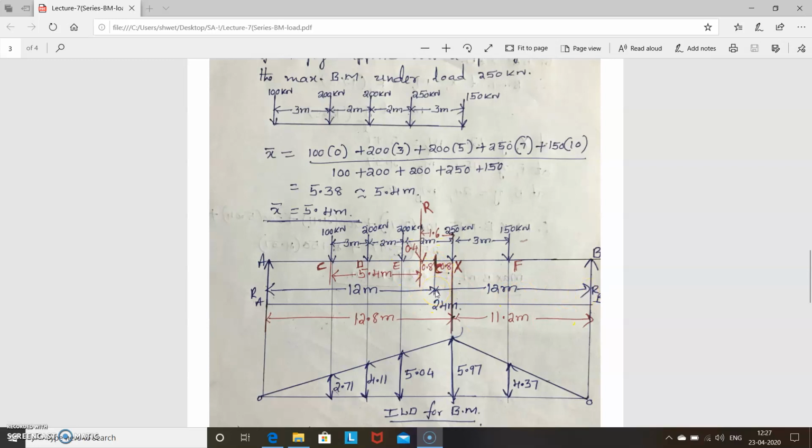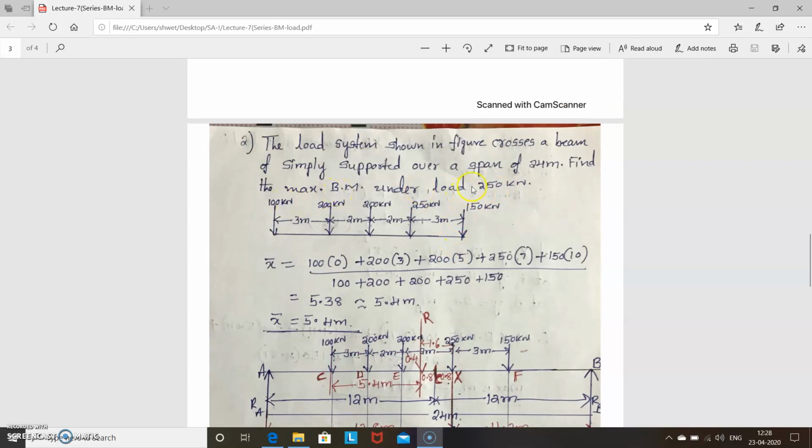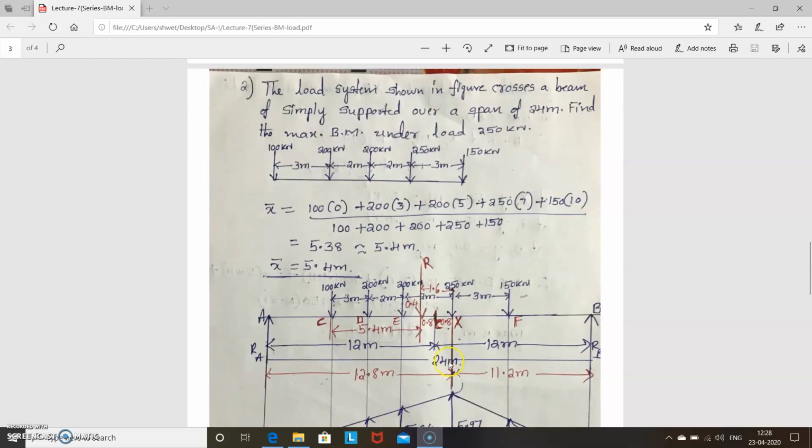Now what we want is the distance from the section to the left end support, because it is asked to find the maximum bending moment under the 250 kilonewton load. So under this load, from here to here, this distance we want. Till here it is 12, half of the 24 span, and then this distance is 0.8.